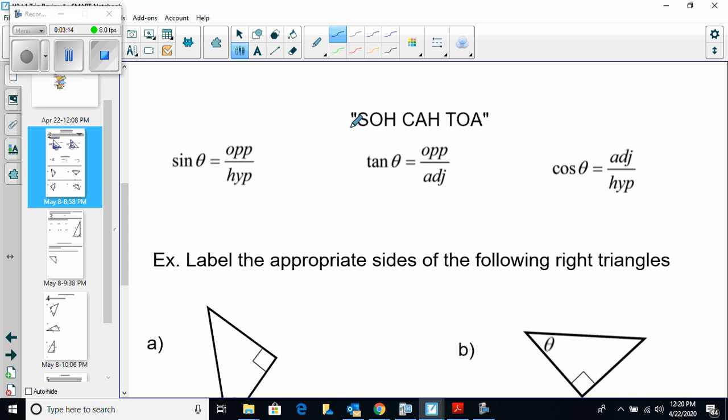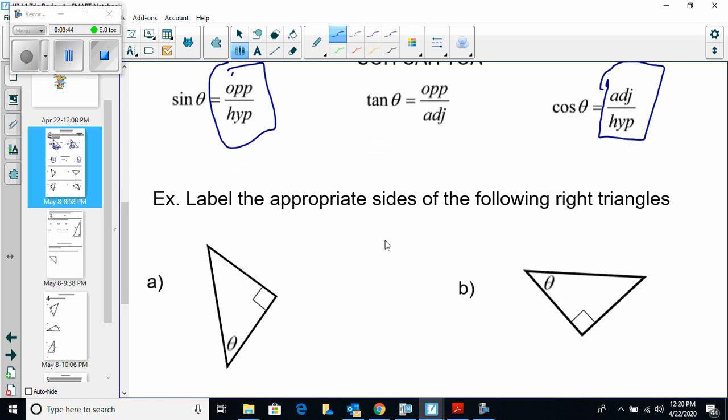The way that we remember it is because sine is calculated as opposite over hypotenuse, so it's the ratio between opposite and hypotenuse. Cosine is the adjacent over hypotenuse, and tangent is opposite over adjacent.